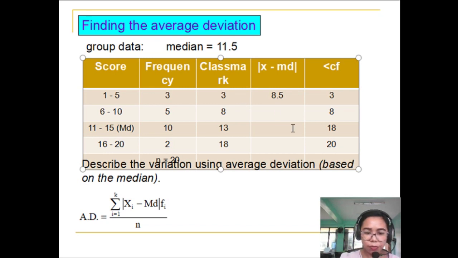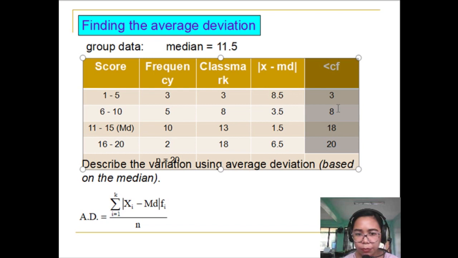So we have 3.5. Then 13 minus 11.5. So we have 1.5. And then 18 minus 11.5. So that's 6.5. Okay. And then adding another column.